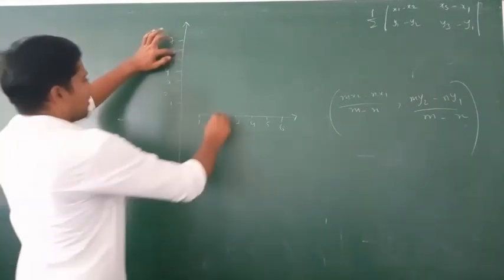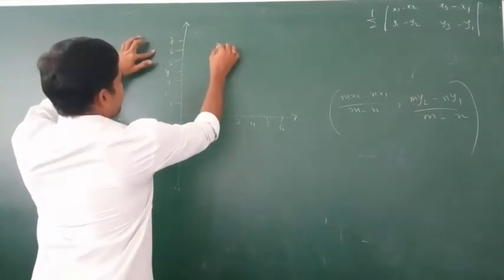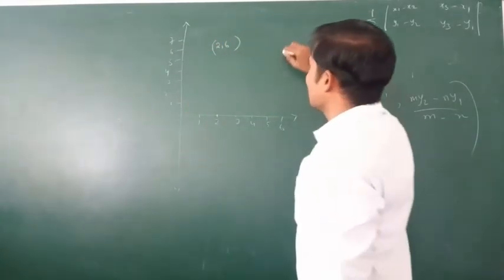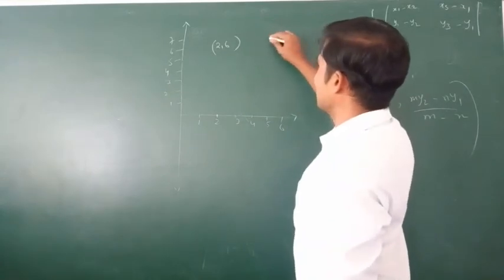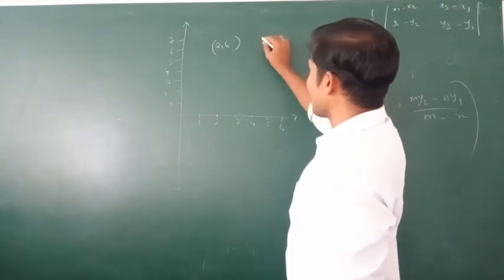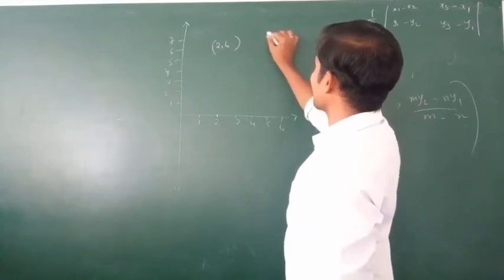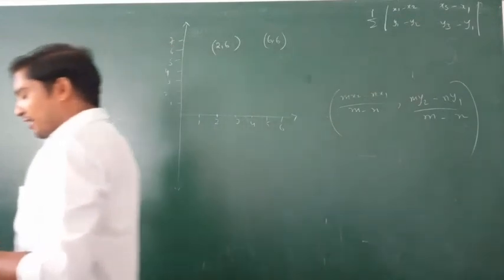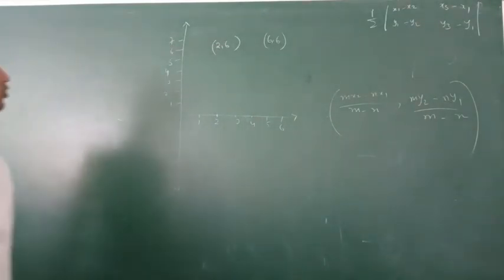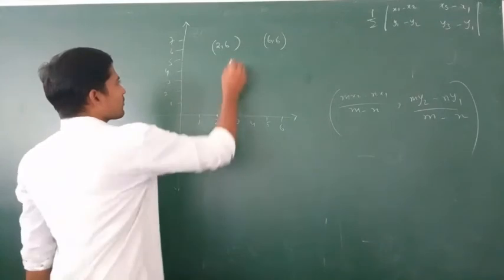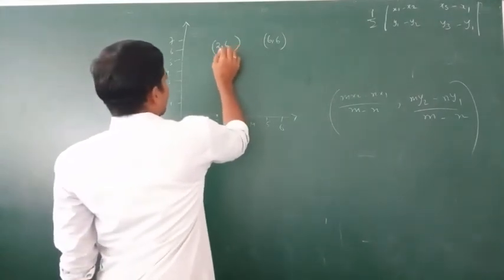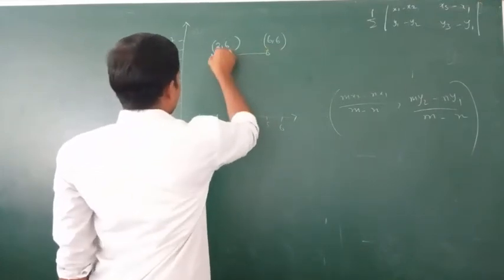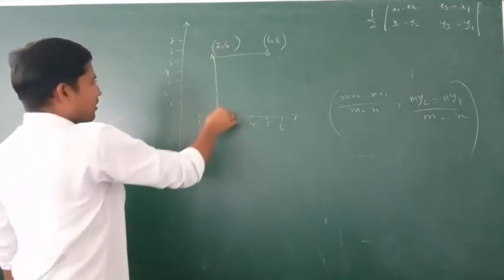Then point P equal to (2, 6) and point Q equal to (6, 6). Then the line which is parallel to x-axis, the distance between the 2 points. Let us join these 2 points. Suppose A, suppose B. Then draw perpendiculars from A and B.